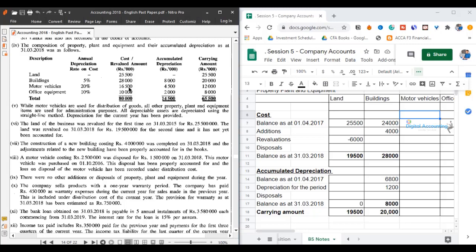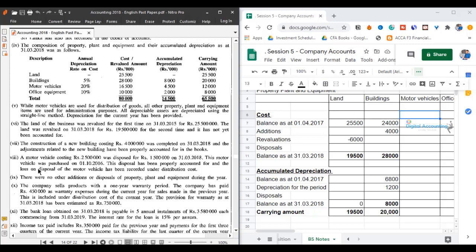Exam points are here. Disposal has been properly accounted for. So the cost amount of 16.5 million here is after deducting the disposed vehicle costing rupees 2.5 million. And the disposal of the motor vehicle has been recorded under distribution cost.